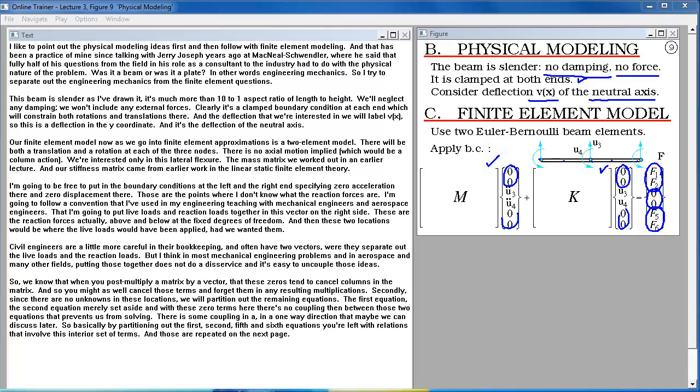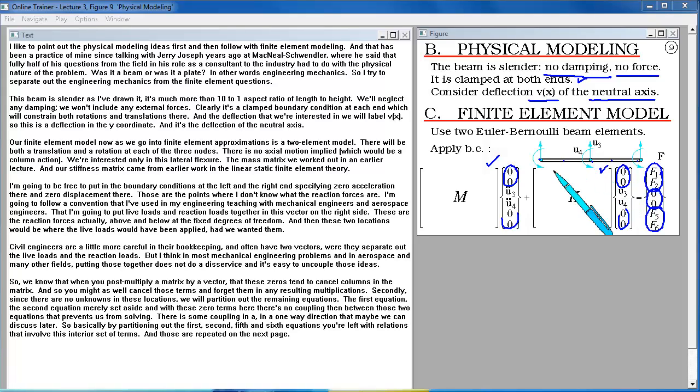Civil engineers are a little more careful in their bookkeeping and often have 2 vectors where they separate out the live loads and the reaction loads. But I think in most mechanical engineering problems and aerospace and many other fields, putting those together does not do a disservice, and it's easy to uncouple those ideas.